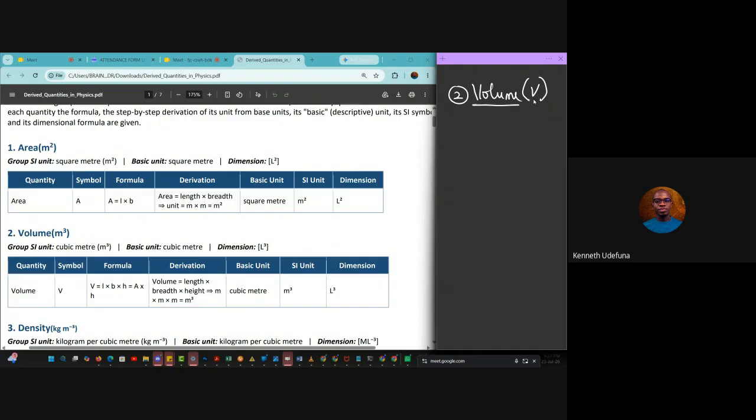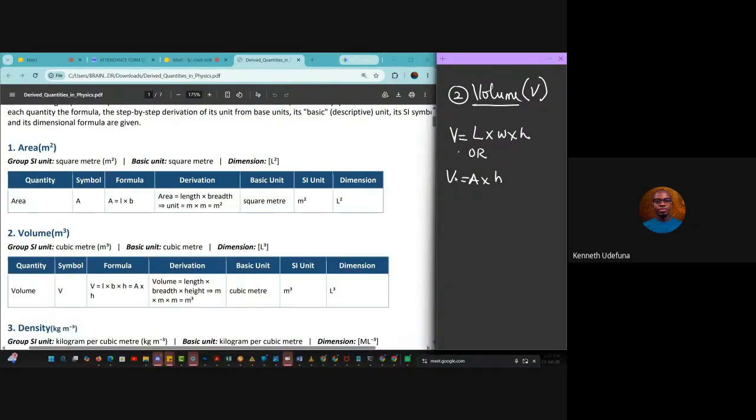So the formula for volume is what? Length times width times height. Or you can say the formula is area times height.